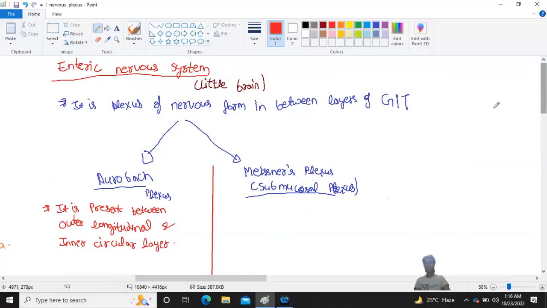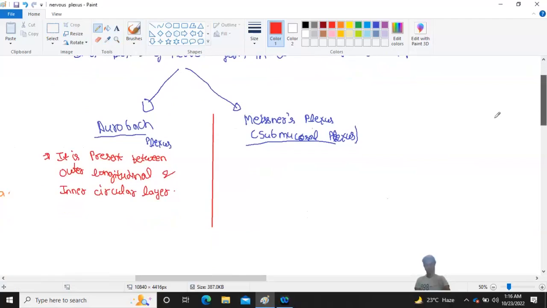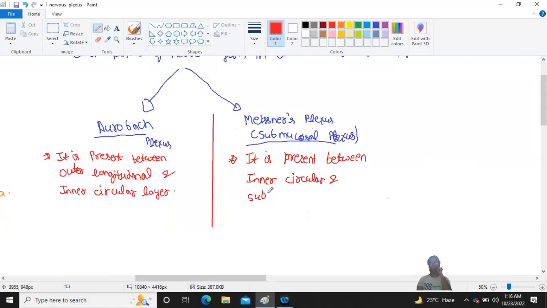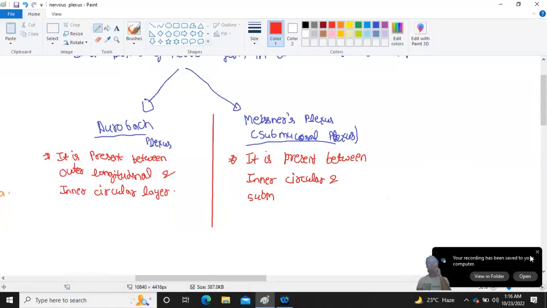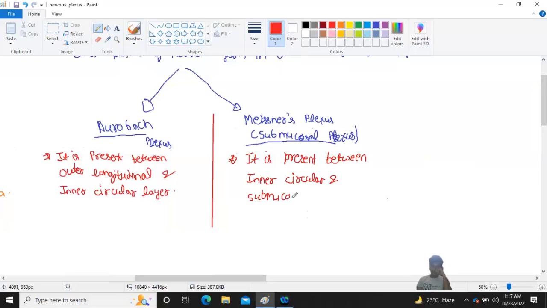Then another is present between the inner circular and submucosal layer. Submucosal layer.